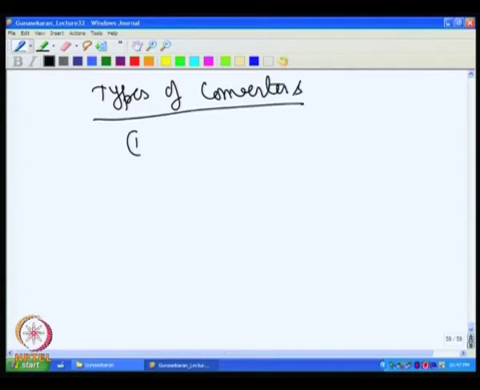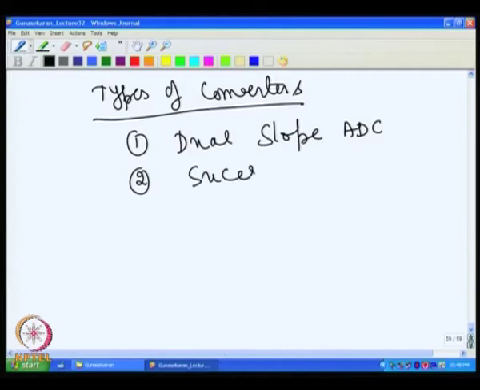One is the dual slope ADC, which is a very popular converter. The second one is the successive approximation A to D converter.